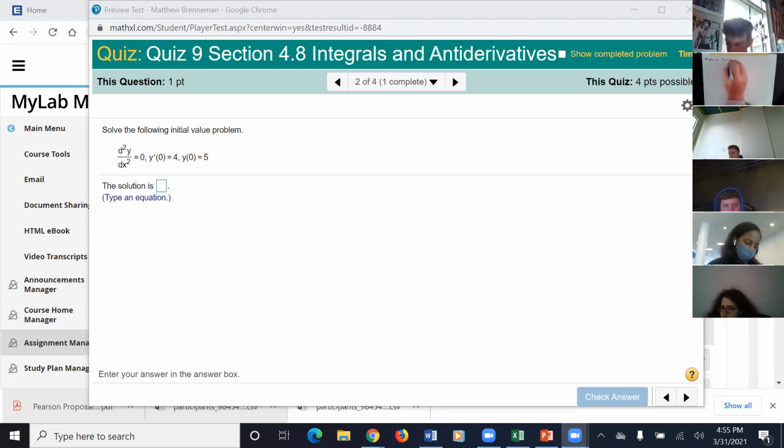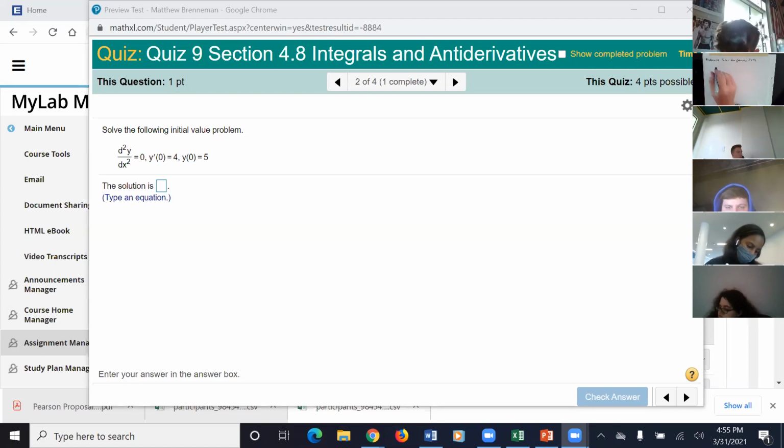So it says solve the following. And everybody abbreviates initial value problem, IVP. So this is how we abbreviate it in mathematics. So I'm just going to abbreviate it like that. And so here's the statement of the problem.